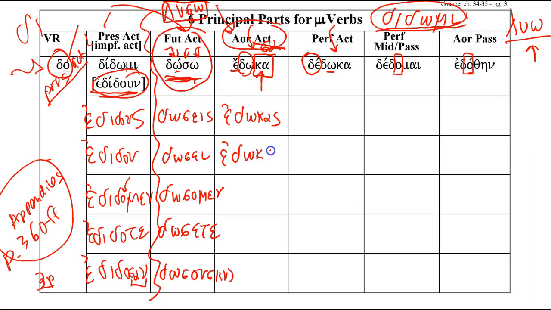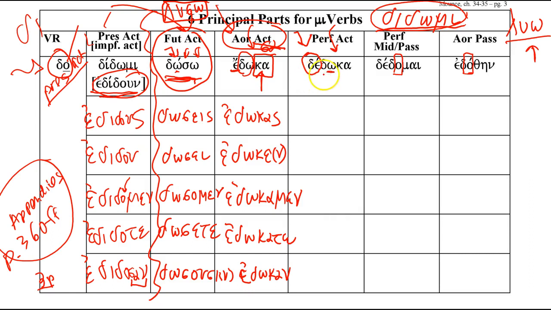Edoke or edoken is he, she, it gave. Edokamen, we gave. Edokate, you all gave. And edokan, they gave.